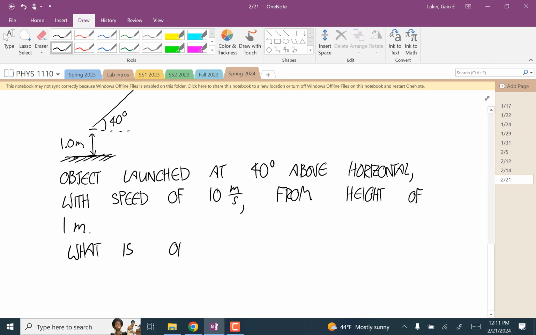What is the object's position when it reaches its highest point?